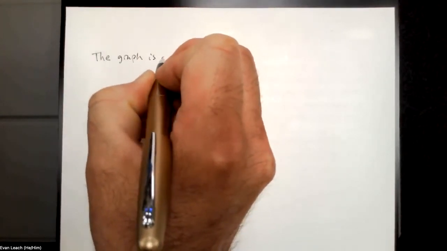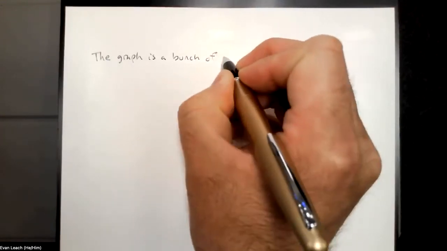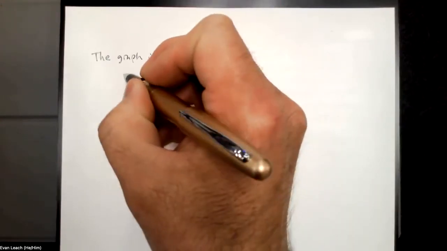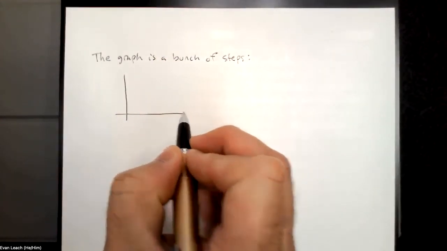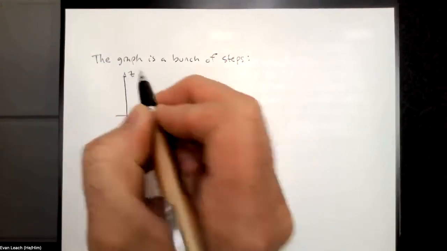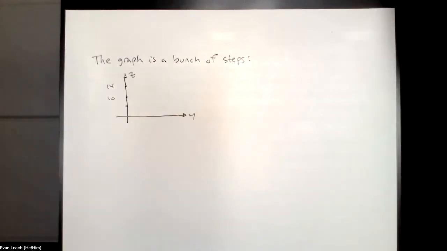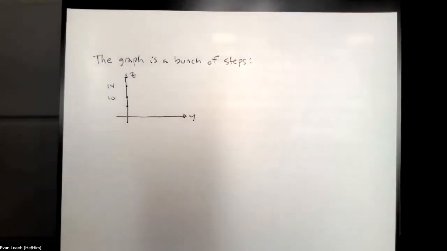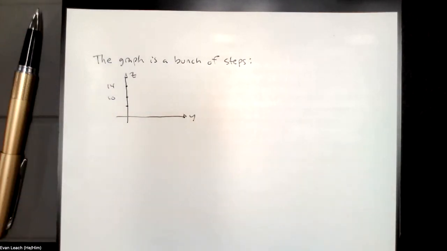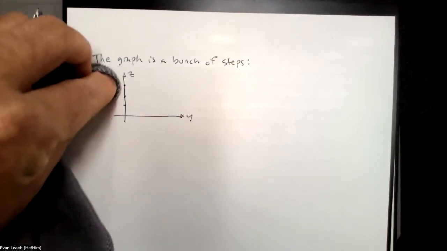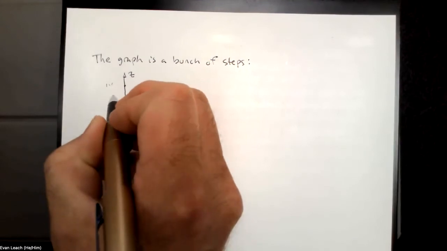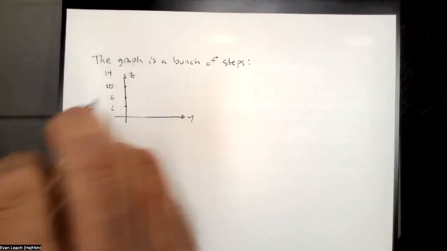We're imagining the graph as a bunch of steps. How many do I have? 14, 10, 6, and 2.